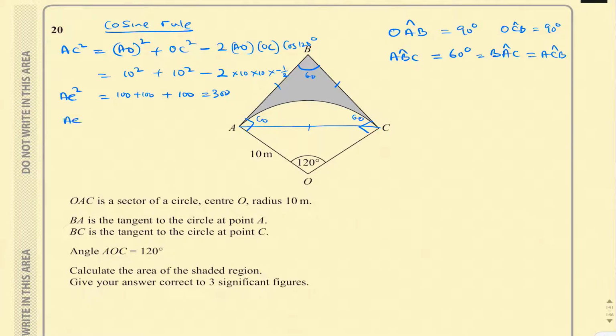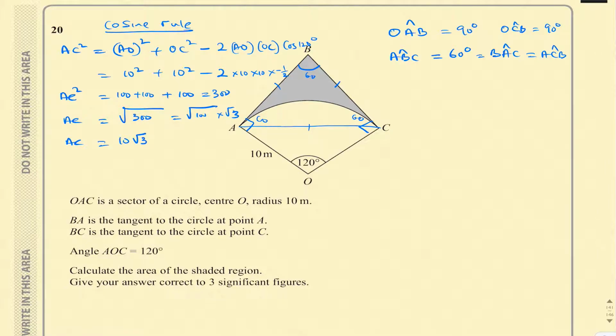And therefore AC equals square root of 300, which is root of 100 times root of 3. So AC equals 10 root 3. What that meant is if AC is 10 root 3, therefore BC and AB are also 10 root 3.